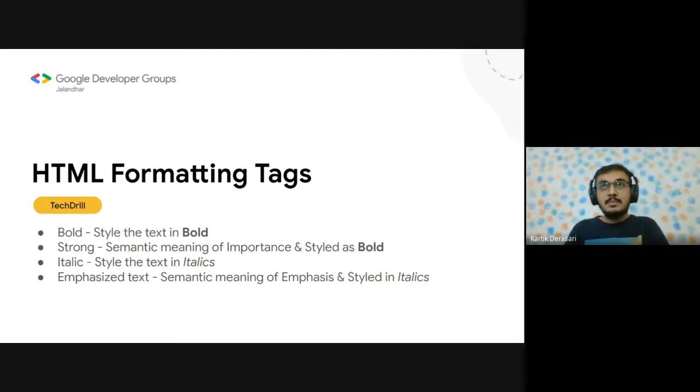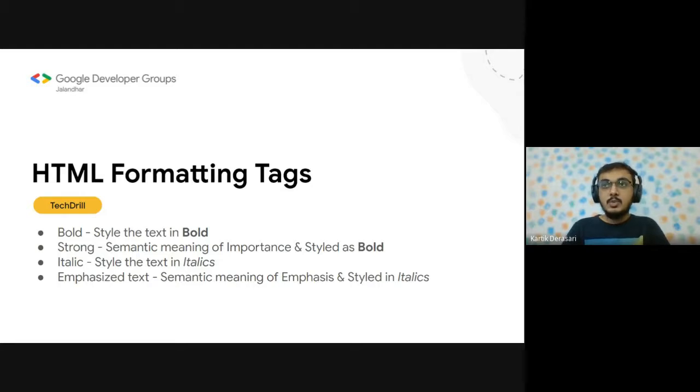The bold tag is generally used when you want to style the text in bold, similar to a word processor. So when we want to bold some text, we can use the bold tag over here in HTML. We can also use the strong tag in HTML, but that has a semantic meaning of importance.